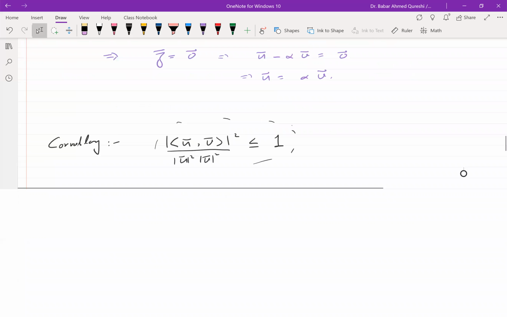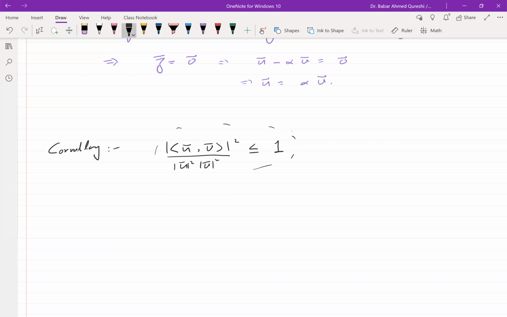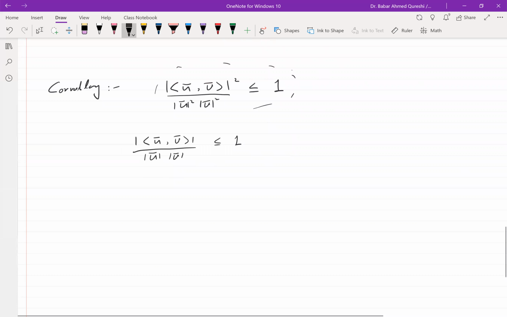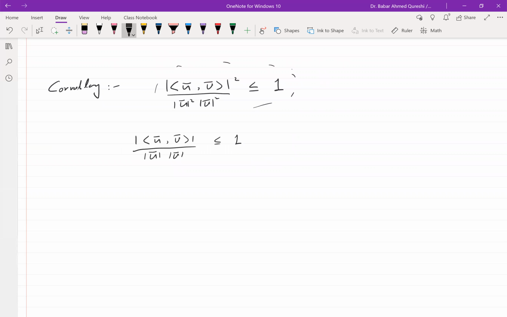Now, in the denominator, you have positive numbers, but in the numerator, I can take the square root. So if I remove the norm, then I'll get that this thing is between -1 and +1.